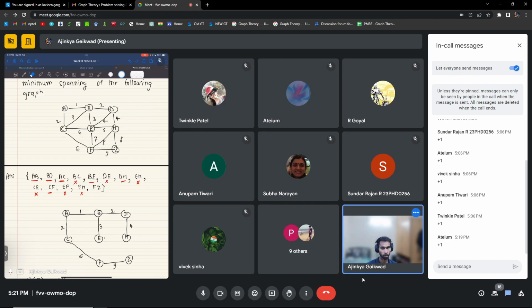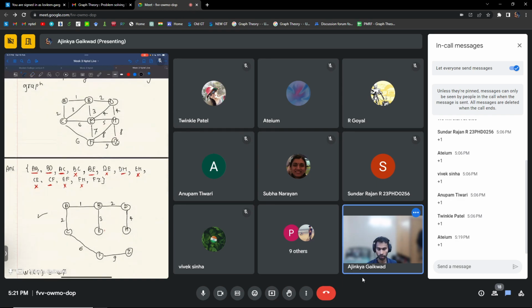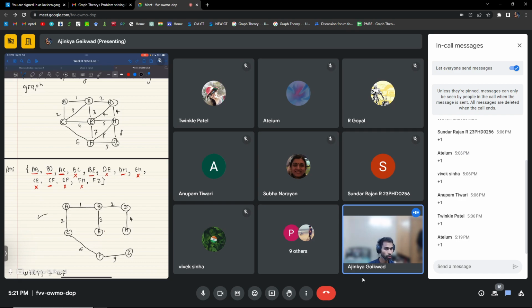It means the minimum number of edges with minimum weight so that every vertex has a path to every other vertex, right? So in the tree I have drawn here, this is a minimum spanning tree. What does it mean? I have to add the minimum number of edges with minimum weight so that every vertex is reachable from every other vertex. Now, when we go to directed graphs, the notion of path is very different.